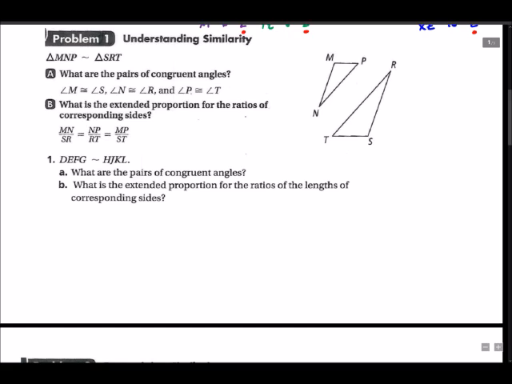Well, we just write our sides in order, and I like to make this figure 1, figure 2. We're going to put figure 1 on the top, figure 2 on the bottom of our ratio, and then it's just corresponding sides. First and second position is MN to SR, NP to RT, MP to ST.